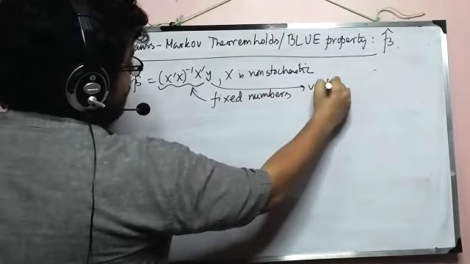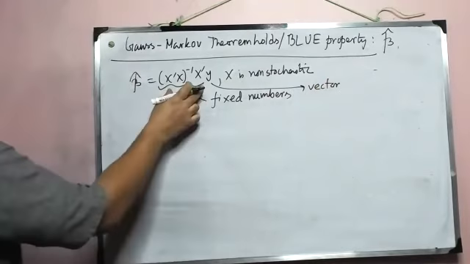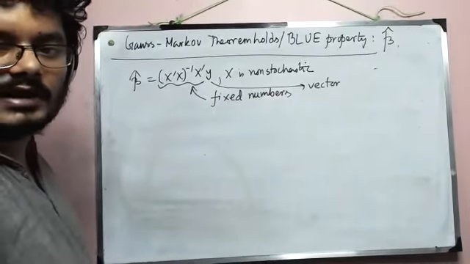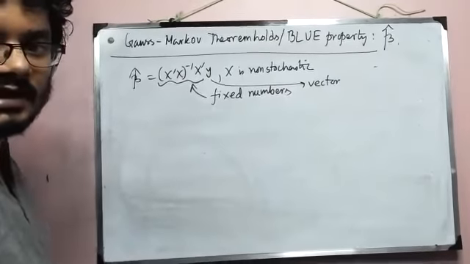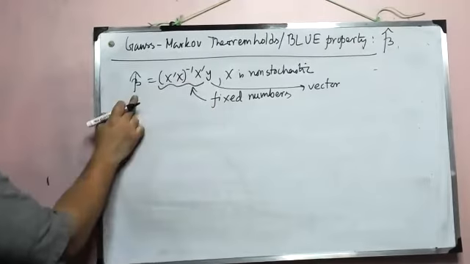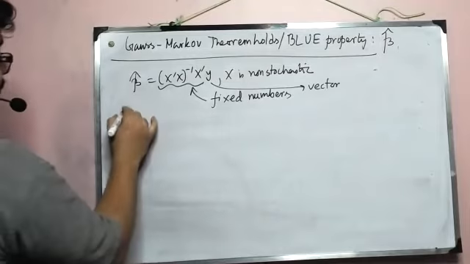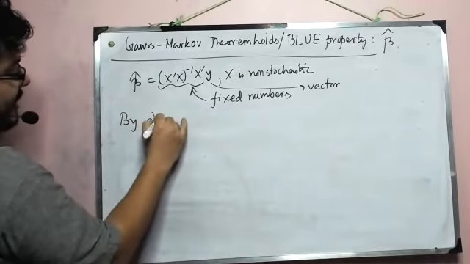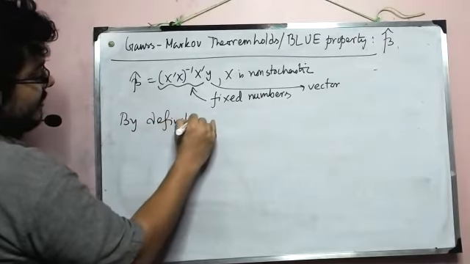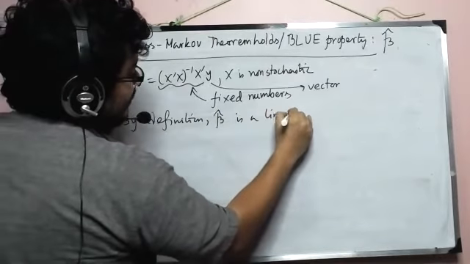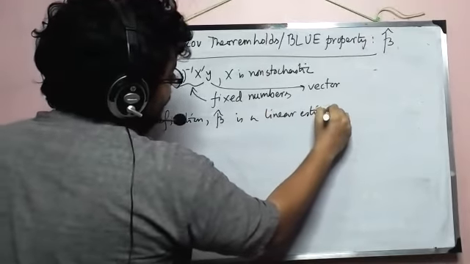Y is a vector. So what we are looking at is basically a linear combination of vectors, right? There is a matrix and a vector multiplied. So this is a linear combination of vectors. So we have the first part. By definition, beta hat is a linear estimator.